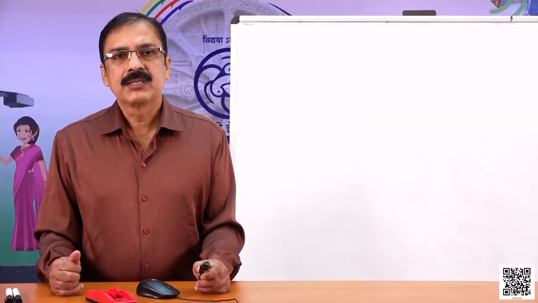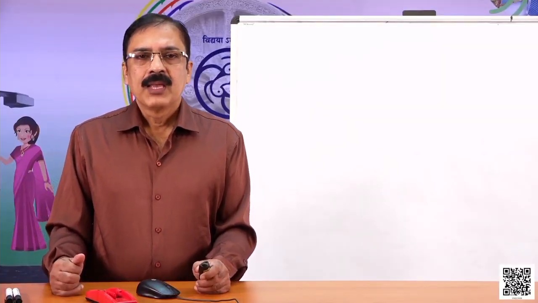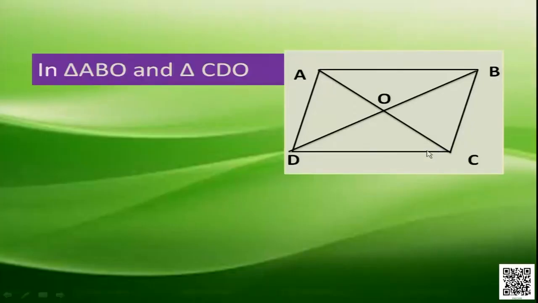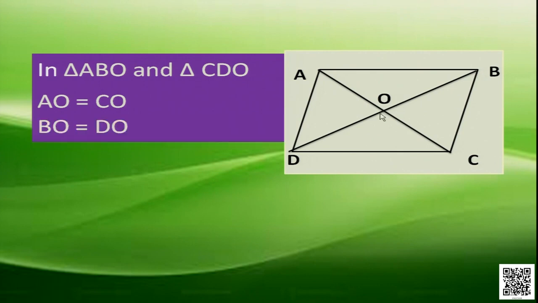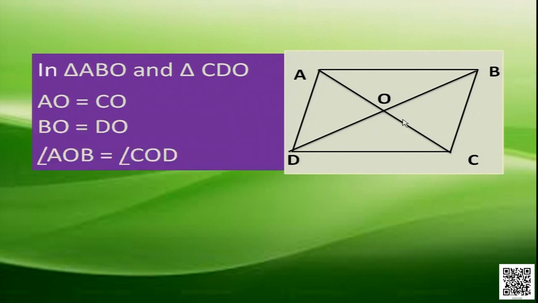To prove this, let's see, in triangle ABO and triangle CDO, we have these two triangles for comparison. In these two triangles, we have AO is equal to CO and BO is equal to DO. Also, we have angle AOB is equal to angle COD.